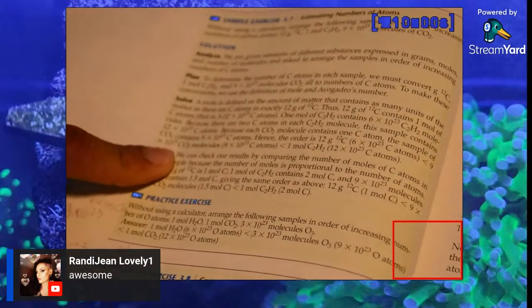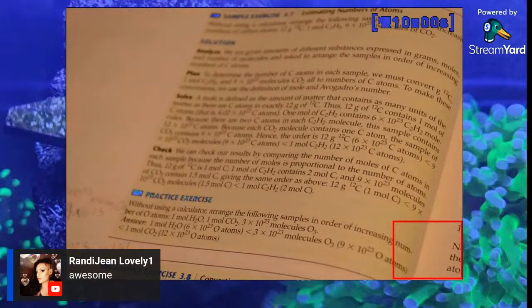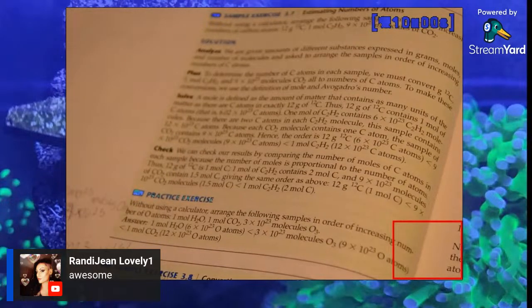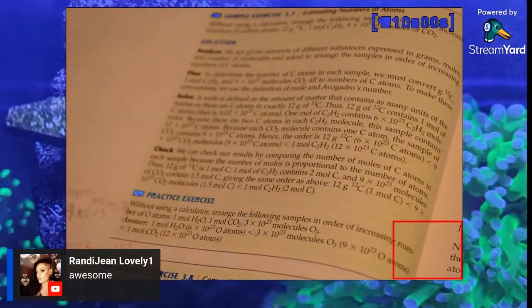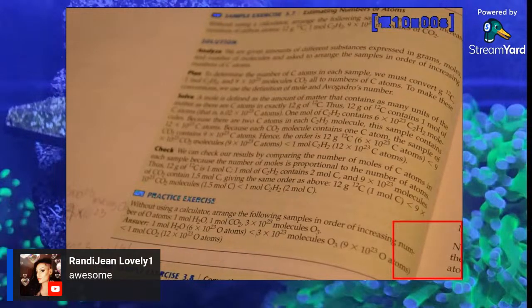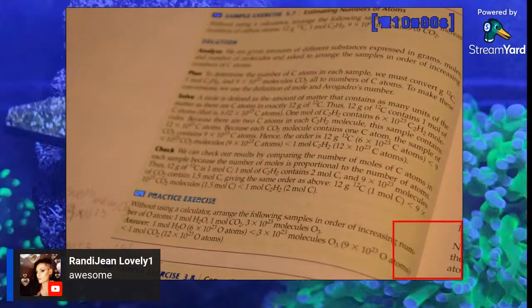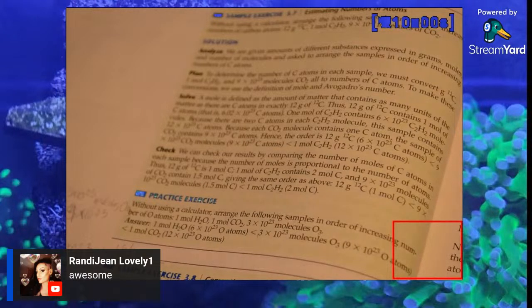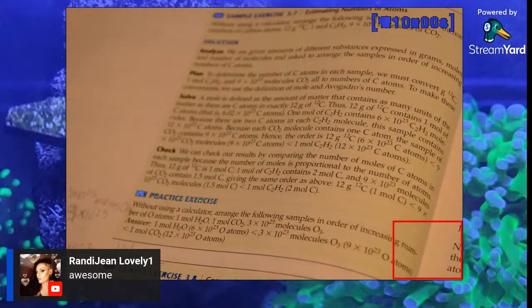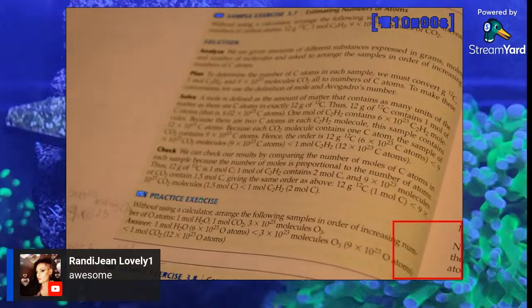the molecules. So CO2 molecules, and then followed by the moles. All right, sorry, I'm going to rewrite that. So it was the grams first, and then followed by the molecules, then followed by the moles.